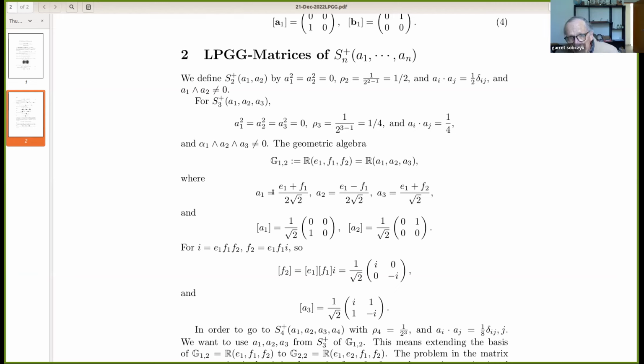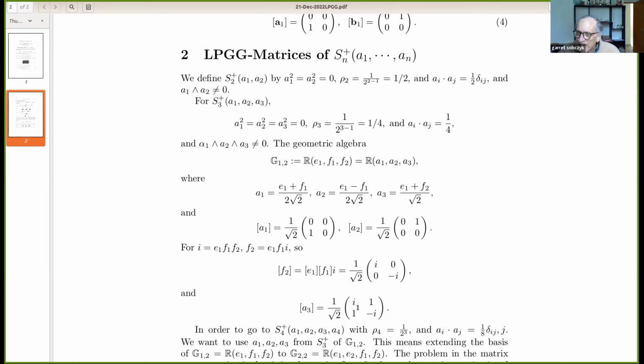The only other interesting thing is calculating the matrix of A3. You just take the matrix of E1 and add it to the matrix of F2 divided by the square root of 2, and you get this matrix.